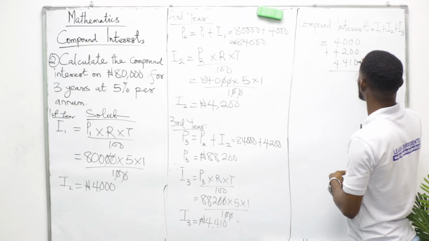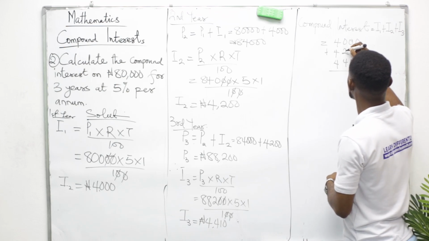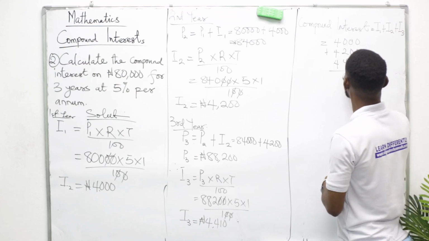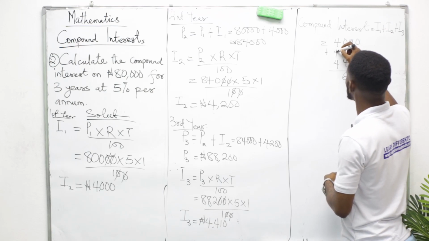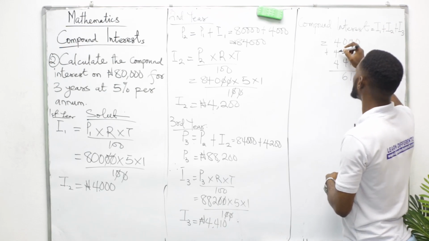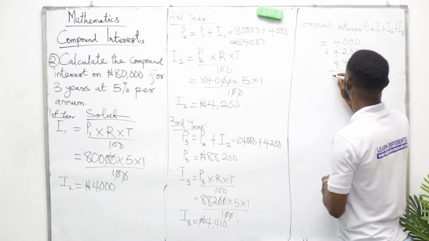When we add them together, we have 0 plus 0 is 0, 0 plus 0 plus 1 is 1, 0 plus 2 is 2 plus 4 is 6, 4 plus 4 is 8, 8 plus 4 is 12.